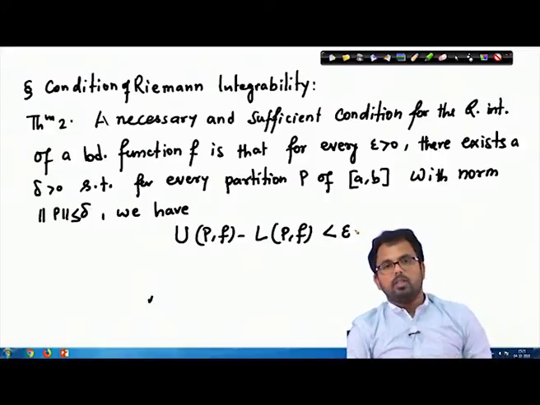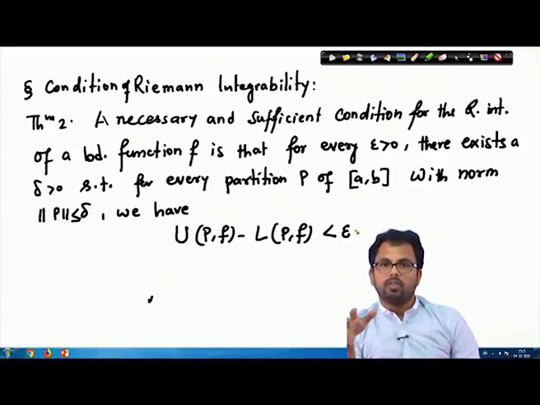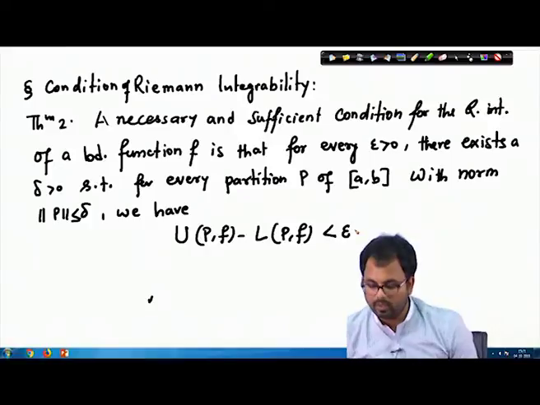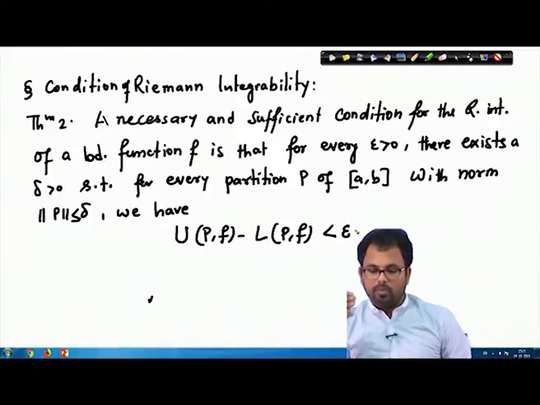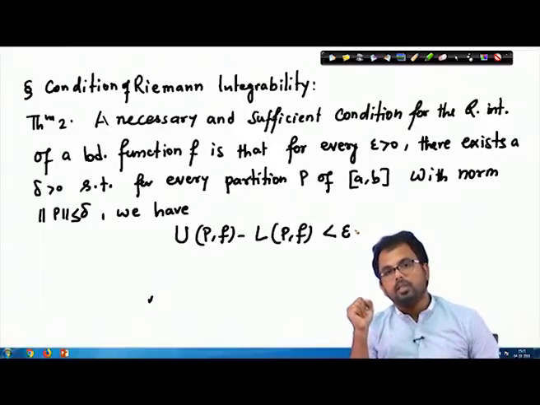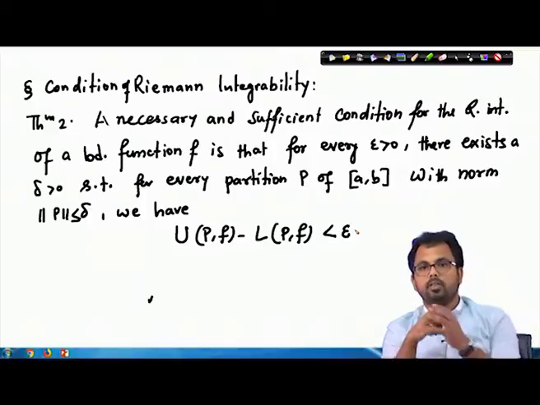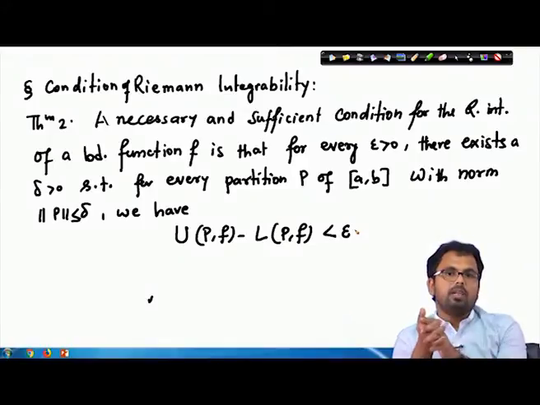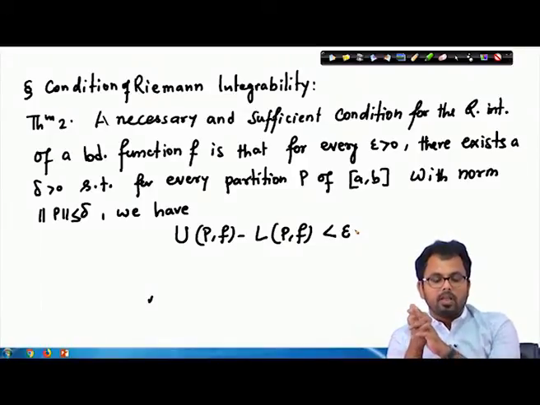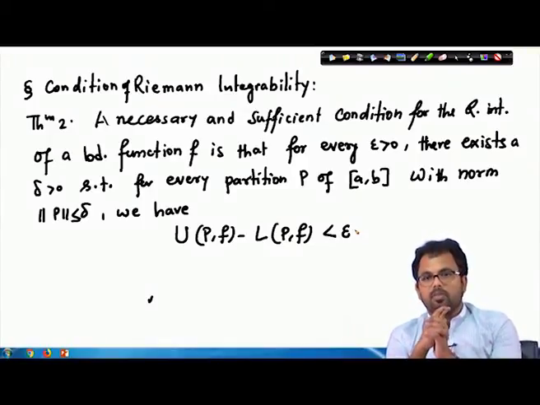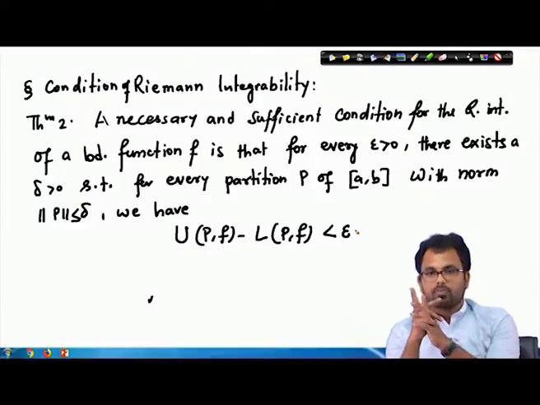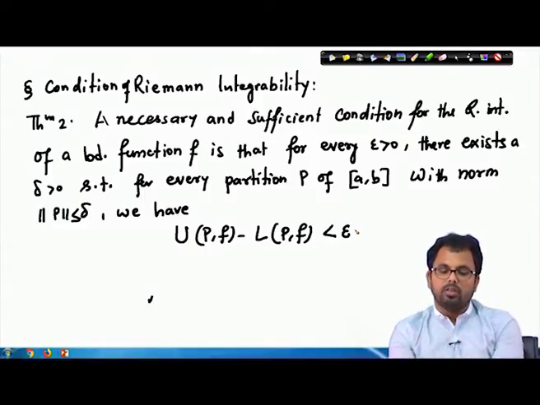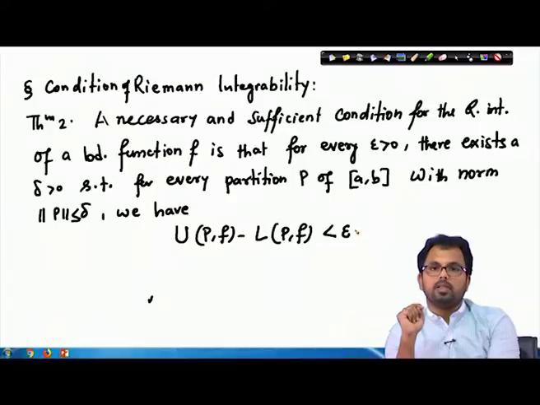So, that means if you are given a bounded function f, and you would like to see whether that function is Riemann integrable or not, then we have to calculate the upper sum and the lower sum. In the last class, we saw how we calculate the upper sum and lower sum, and if the difference of the upper sum and lower sum is less than the chosen epsilon, then that function is said to be Riemann integrable.